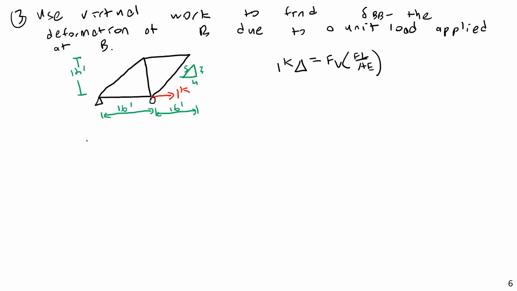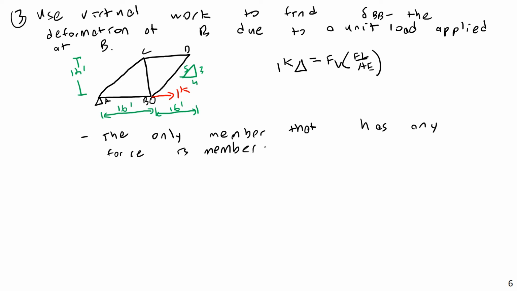So for this case, the only member that has any force, in joints A, B, C, and D, is member AB. So this capital delta here from our virtual work truss formula, this is our BB.